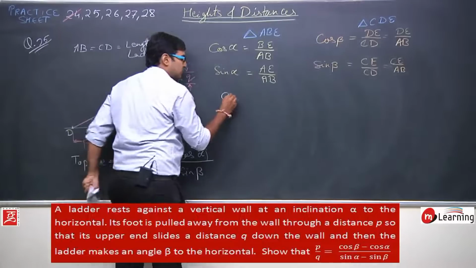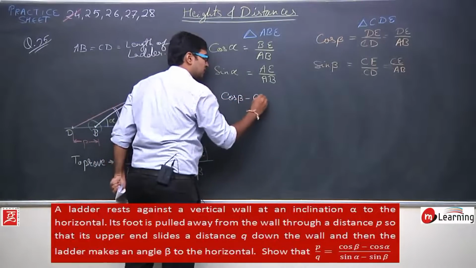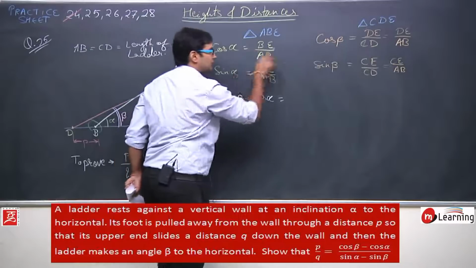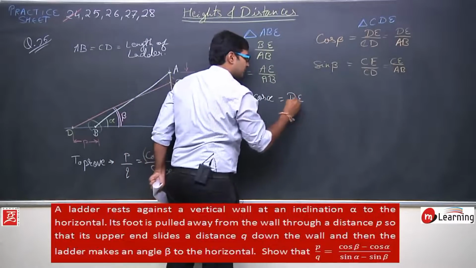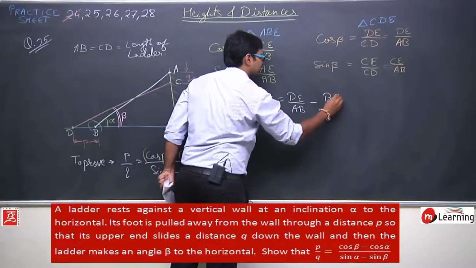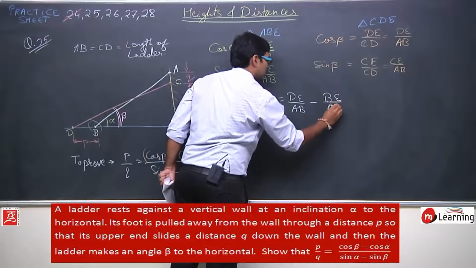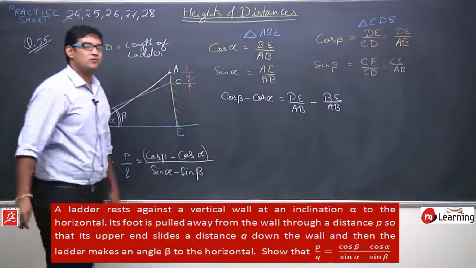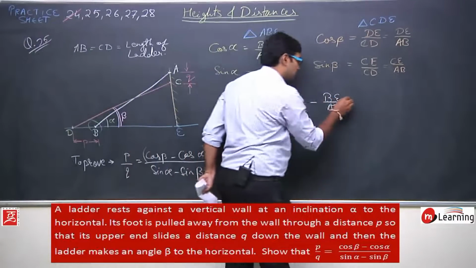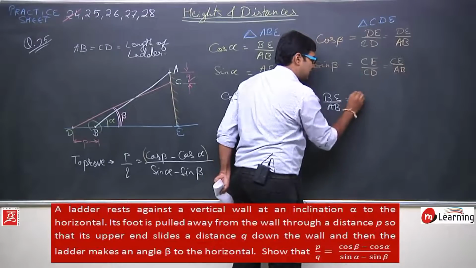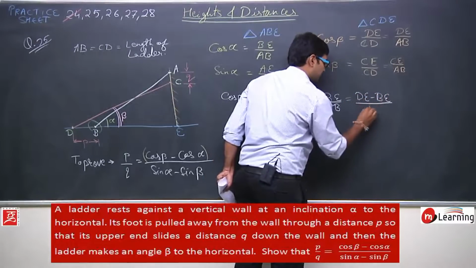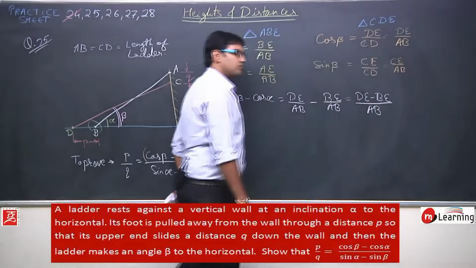Cos beta minus cos alpha will be DE upon AB minus BE upon AB. So this will give you DE minus BE upon AB.